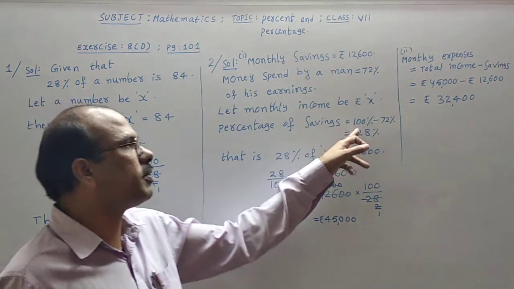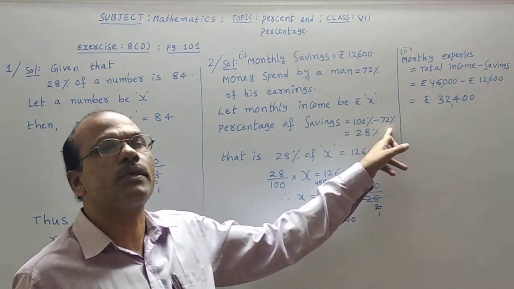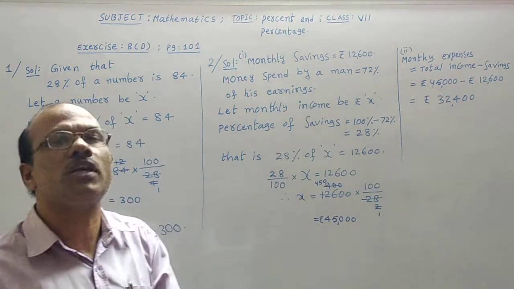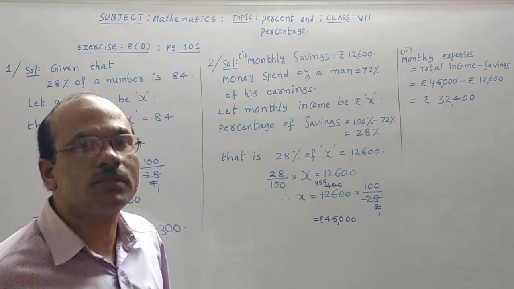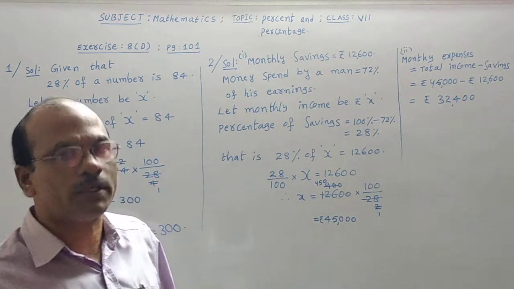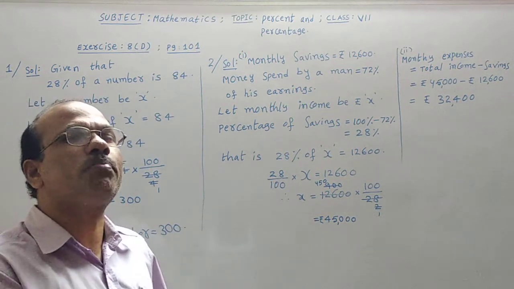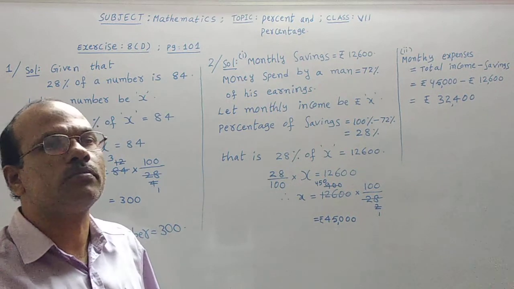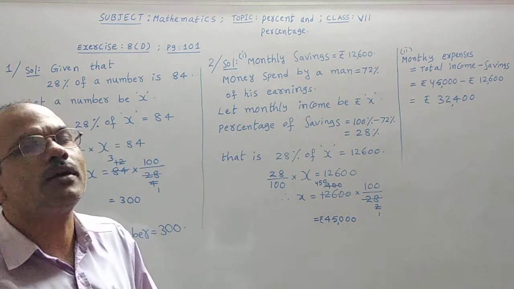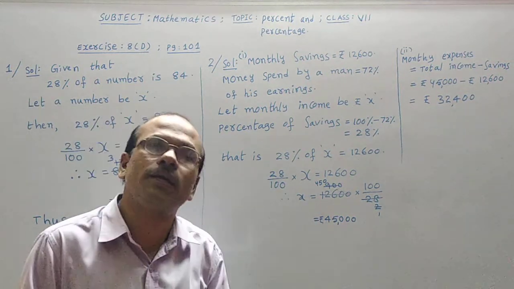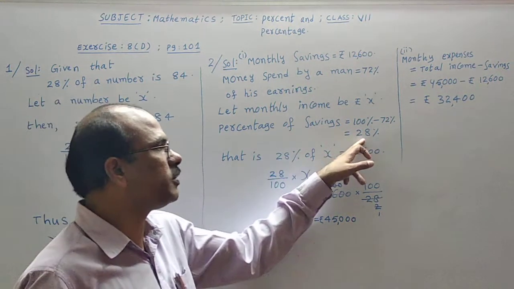Just subtraction: 100% minus 72% is equal to 28%. From 100% only we are calculating all the things. That's why we should use 100% here. The money saved by him in percentage is 28%.